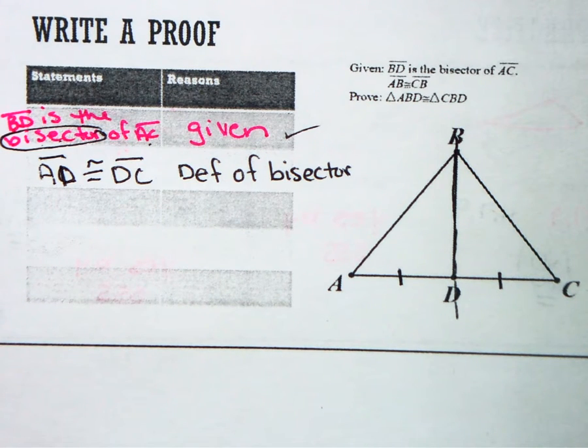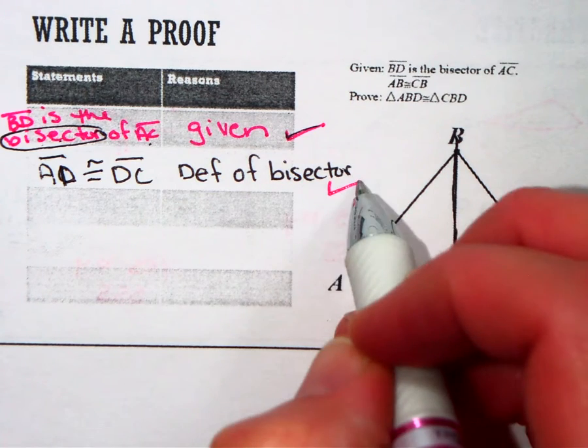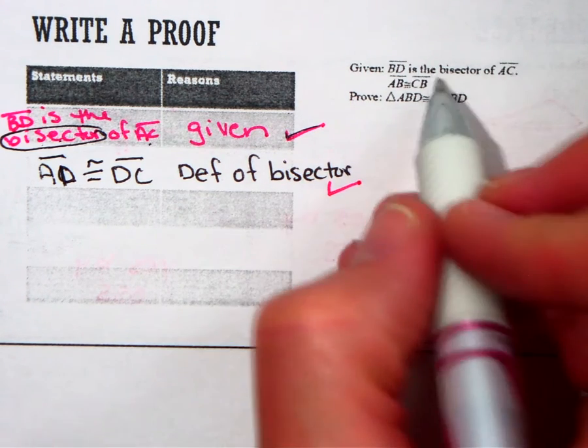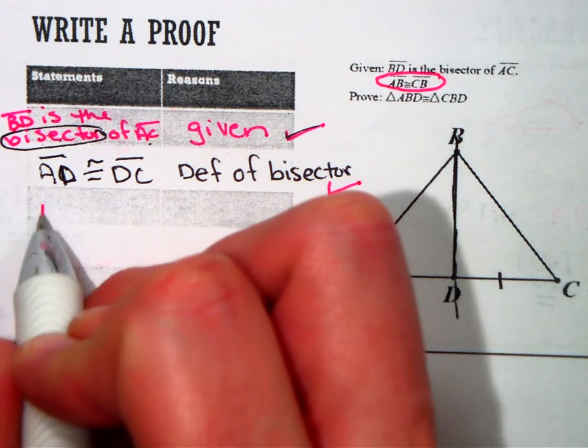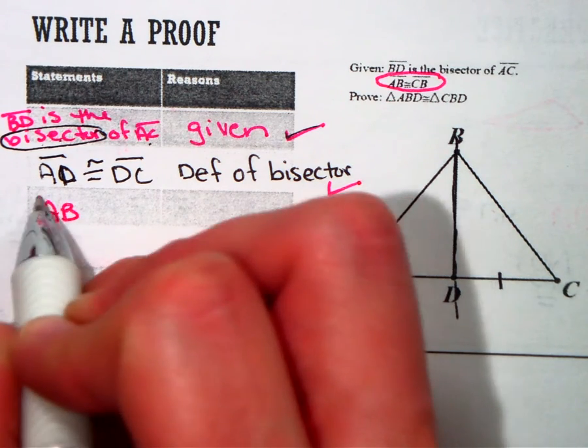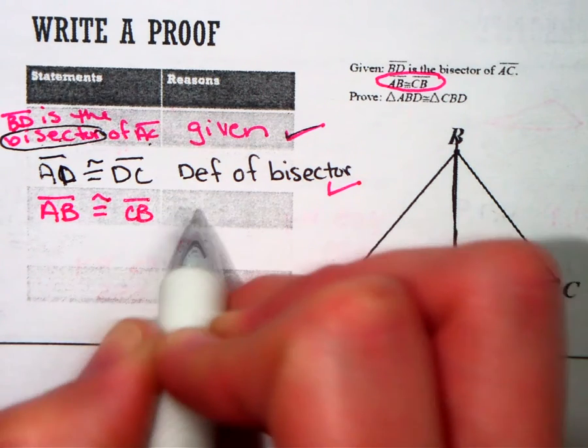Now, because I went right into that process of writing the given and then using the given, I missed writing my second statement from the given. So let's get that written down. AB is congruent to CB. That is also given.